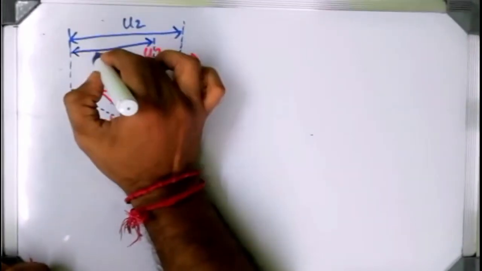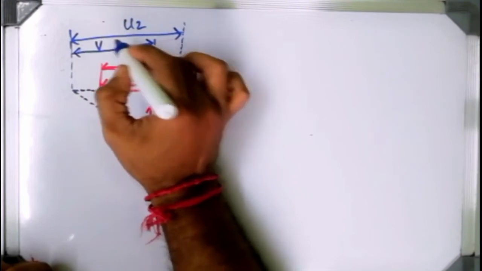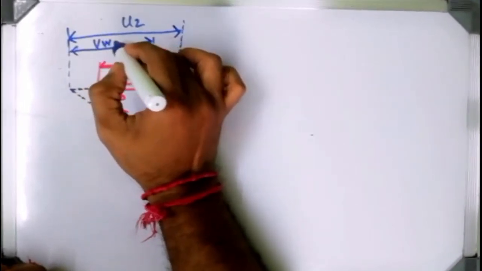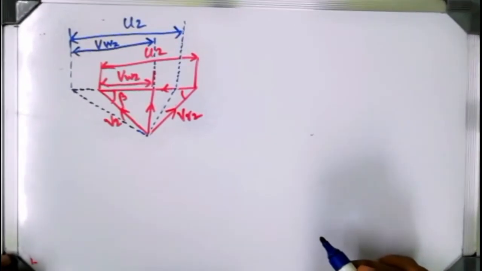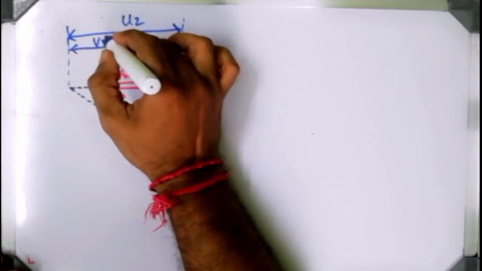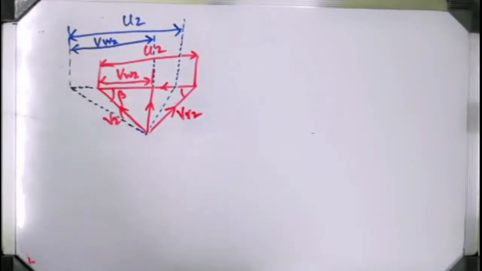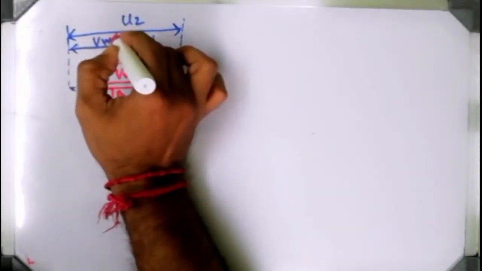Just make this kind of drawing, then you will understand what is slip. I am putting VW2 prime, this one VW2 prime.